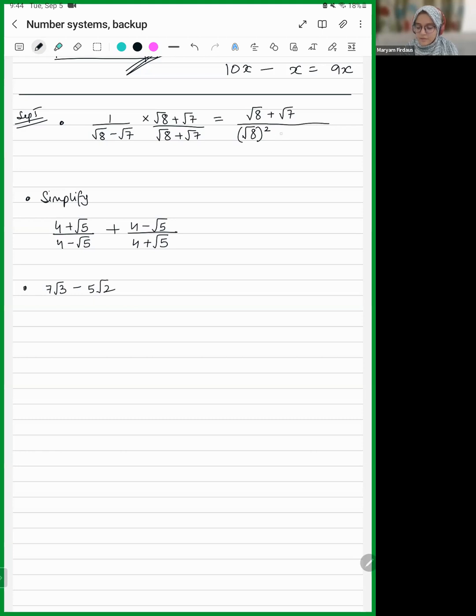But it will be minus root 7 square. Please recall the identity that we have: (a minus b) into (a plus b) is equal to a square minus b square. Here your a is root 8 and your b is root 7. So kindly recall this.